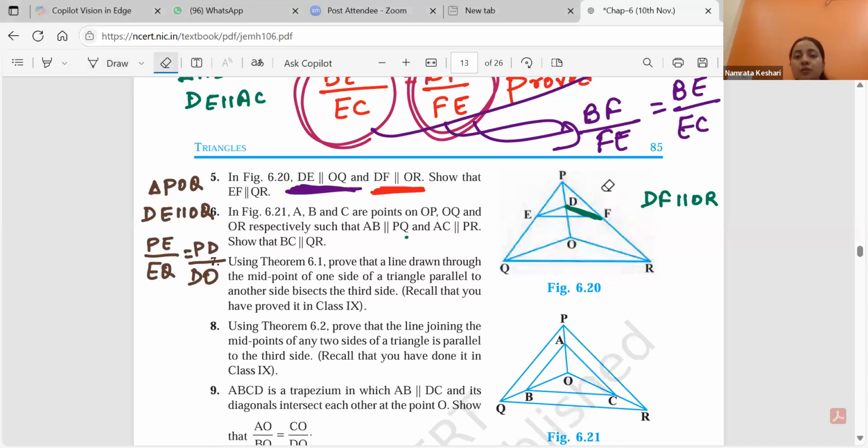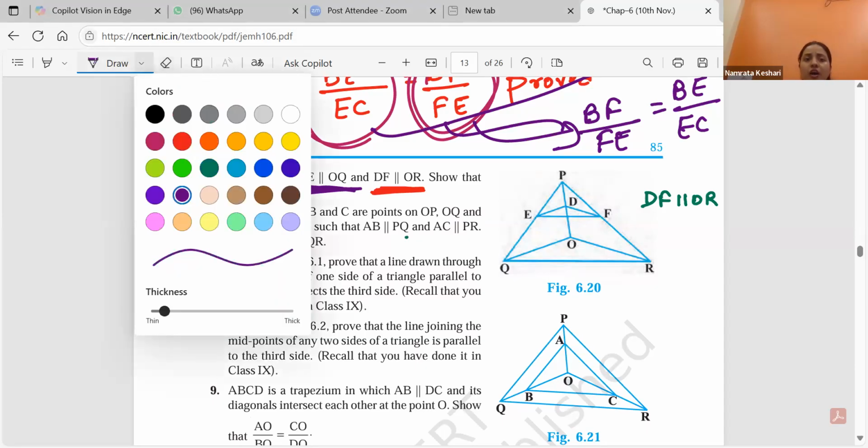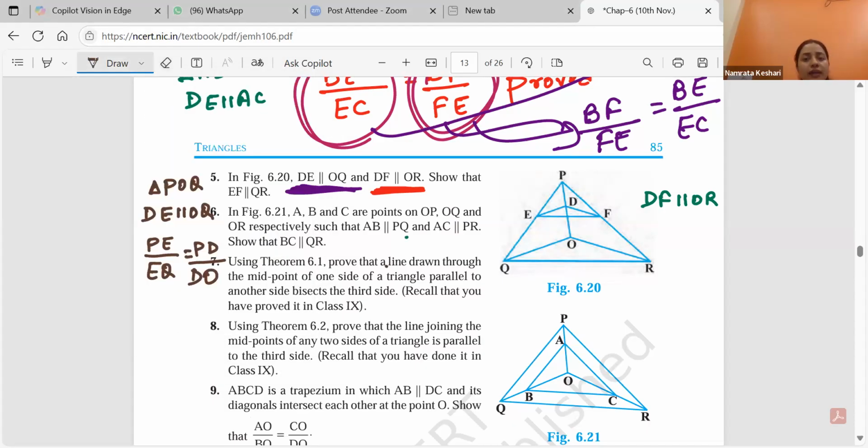Your concept should be clear: we are not finding the volume or area of this three-dimensional shape. Here I can see a triangle OQR, the bottom one. Can you see it? Another triangle over here is PQO, which we have already taken. And can you see the other triangle over here, that is POR? Can you see that?